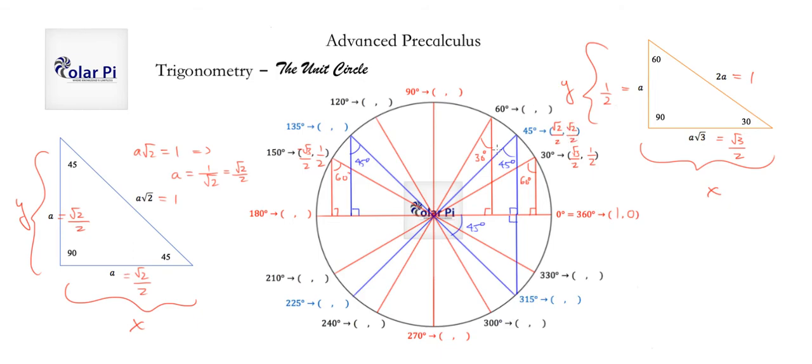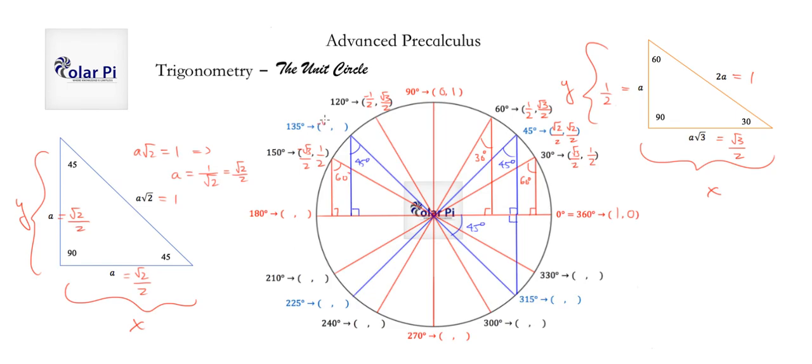X and y coordinates are the same, and 60 we said is a swap of the 30, so 1/2 and root 3 over 2. 90 is 0, 1, and that's easy. 120 here, although we didn't draw the reference triangle, will be exactly like 60. It's just that the x's will be the negatives of one another. So x is negative, so negative 1/2, and then comma root 3 over 2.